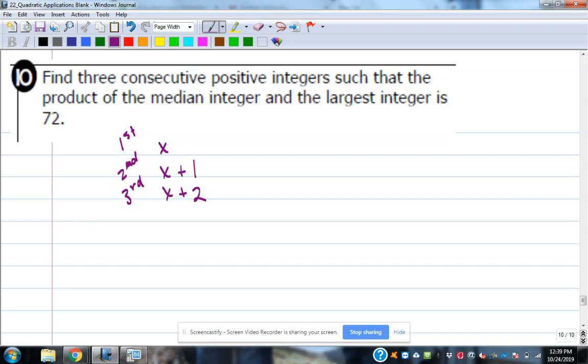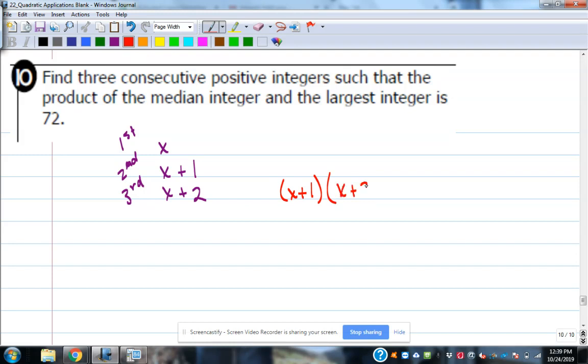All right, now we've got to set up the problem. It says the product of the median integer and the largest integer is 72. Which one is the median? Remember, median means middle. So the middle one would be x plus 1, and that's multiplied times x plus 2.